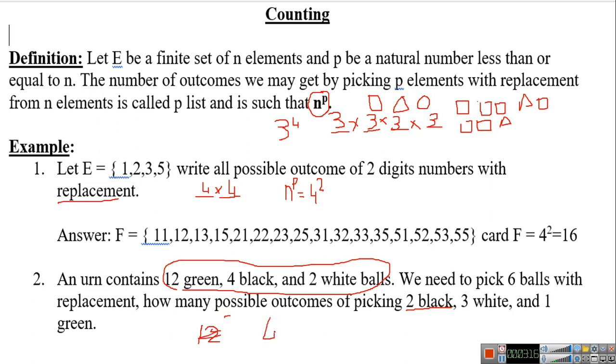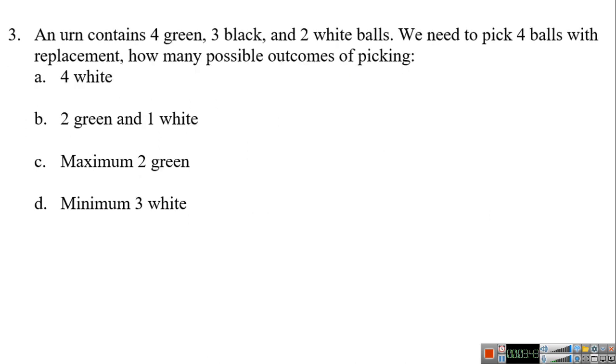I want black 2 times. I want 3 white. How many white do I have? 2. So how many times am I going to pick it? 3 times. With replacement, you draw the ball and return it back. And for the 1 green, I have 12 green, and I want to pick 1. So the answer will be 4 squared times 2 cubed times 12.